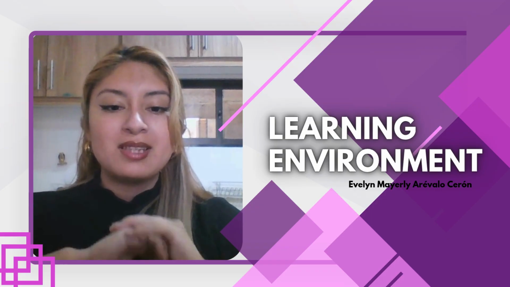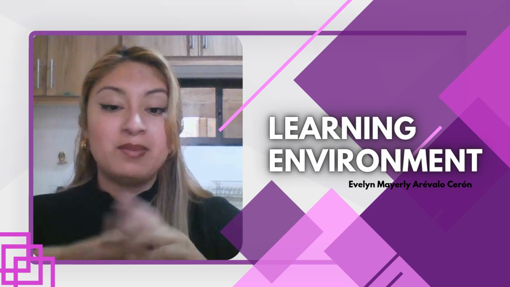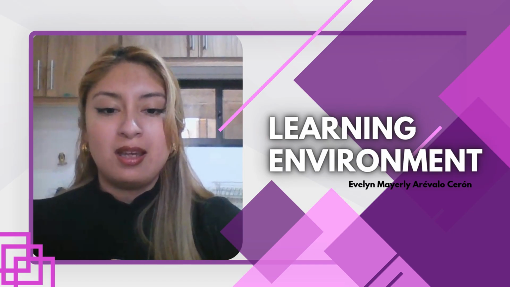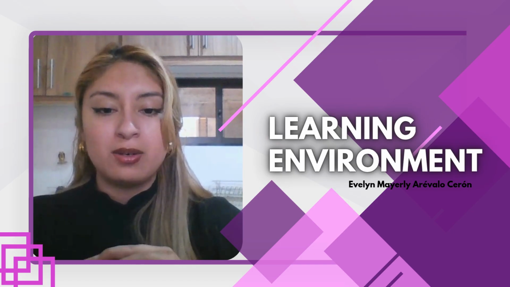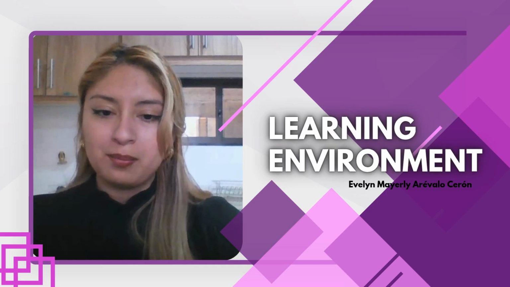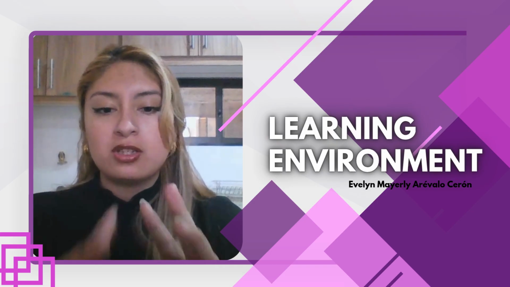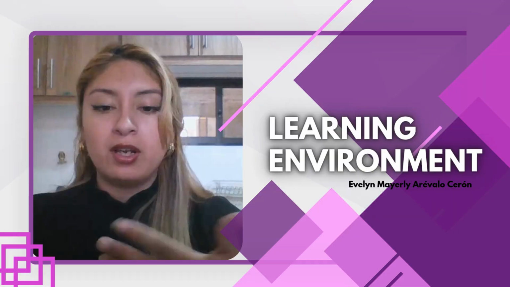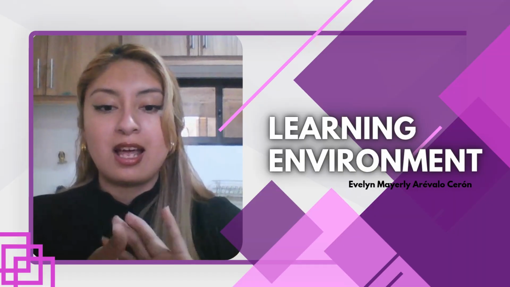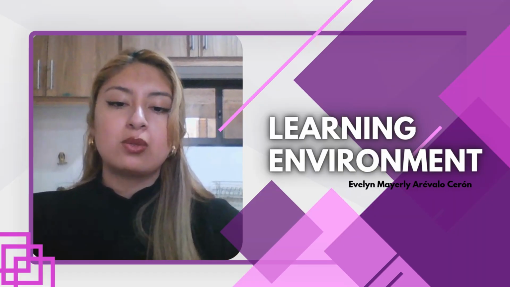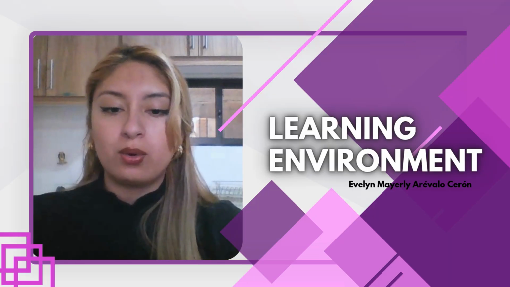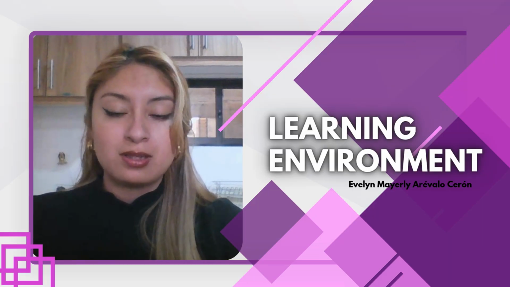Number two, the second characteristic is the aim. In other words, the characteristic answers the question, what is done and why? This aim changes depending on the type of learning environment. For instance, in a task based environment, the goal is to carry out tasks effectively according to the organizational policies.